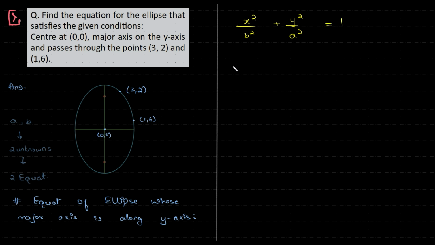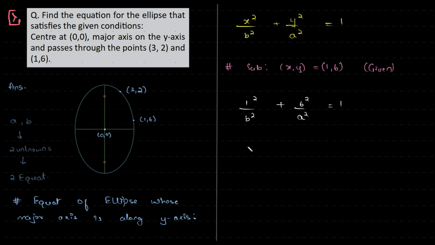Now, let's substitute x, y as (1, 6). This is given. So in place of x we are substituting 1, so 1 by b square plus 6 square by a square, that would be equal to 1.